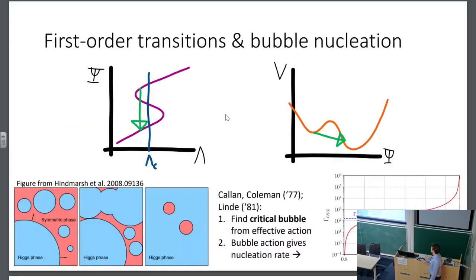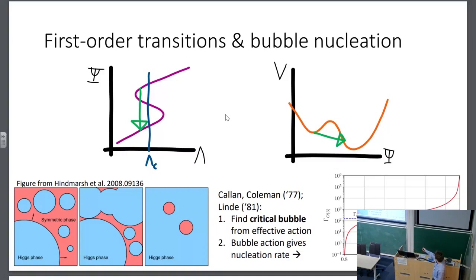Okay. So David already talked about bubble nucleation in first order transitions. So the picture is that you have your order parameter, if you call it that. There is some region of temperature or other parameters where you have this phase coexistence. So you have several solutions, several phases that coexist.